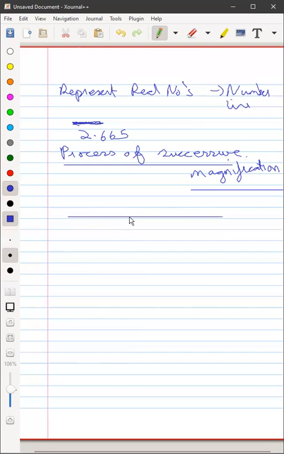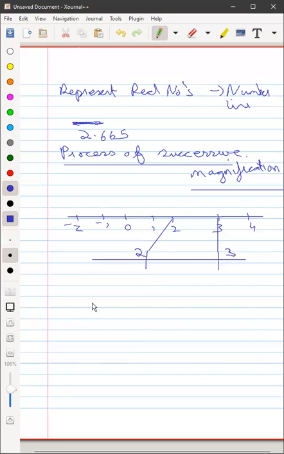I'll mark this as 0, 1, 2, 3, and 4, and this is -1, -2. Since I know 2.6 will lie between 2 and 3, I'm going to make another line with this as 2 and this as 3.